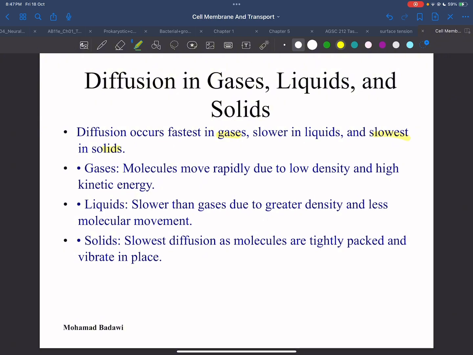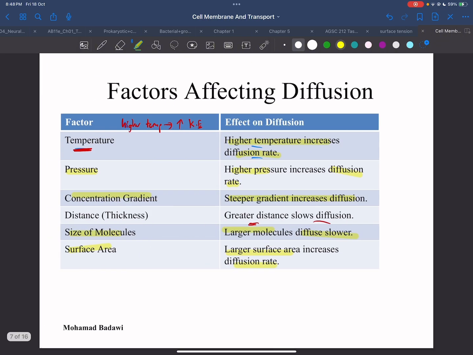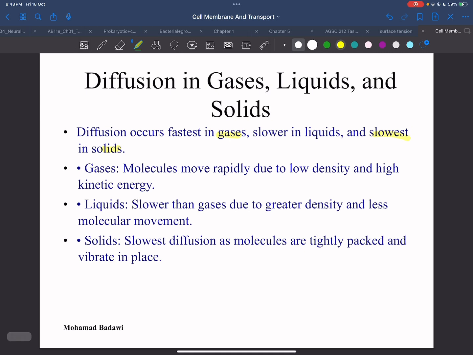The reason behind that, it's similar to when we spoke about the temperature. Now, in gases, of course, we know molecules in gases move rapidly due to low density and high kinetic energy. So the particles in a gas are spread out, and they move faster. That's why we have a higher diffusion in gas medium, while in liquid, the particles are going to be a bit closer to each other.